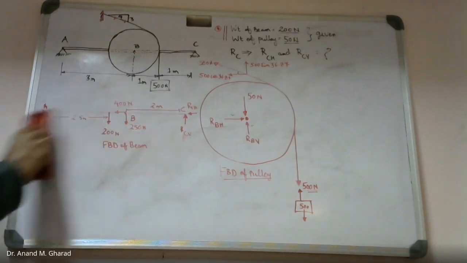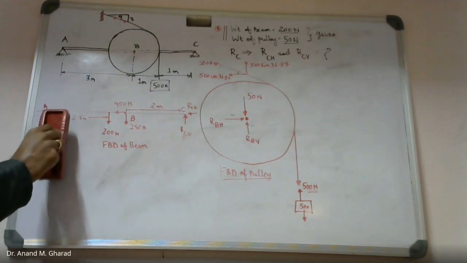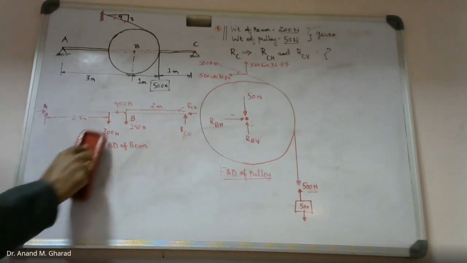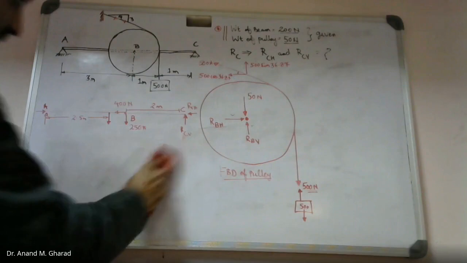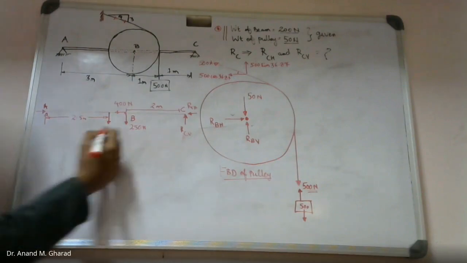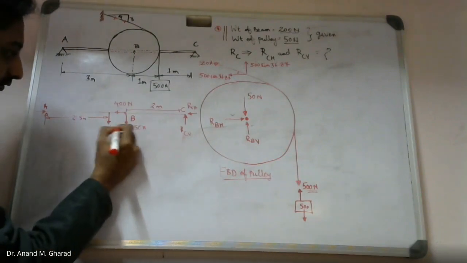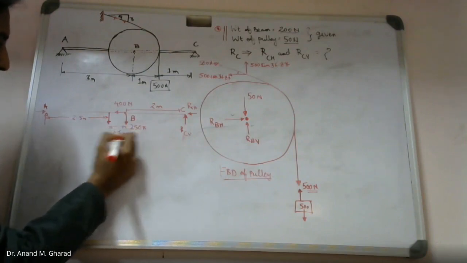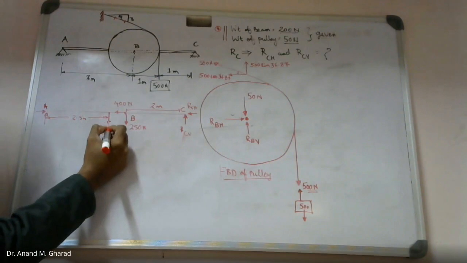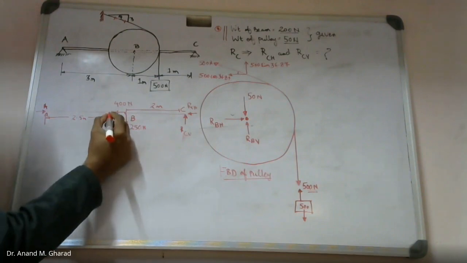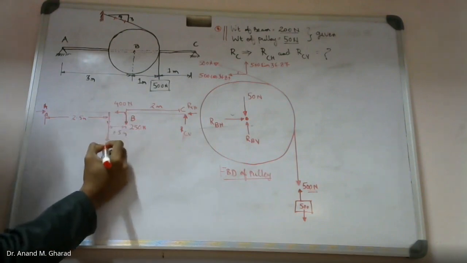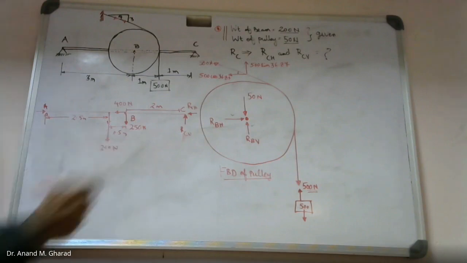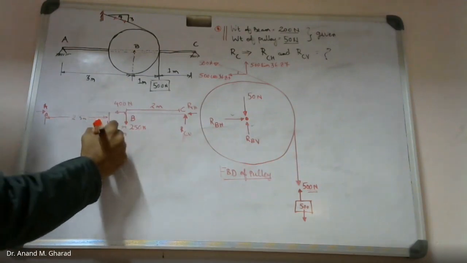Should I draw the bigger figure for this? No, sir, it is okay. Okay, fine. So this distance is 0.5, if I am not wrong. 0.5 meter. Okay, and this magnitude is 200 Newton. Right?